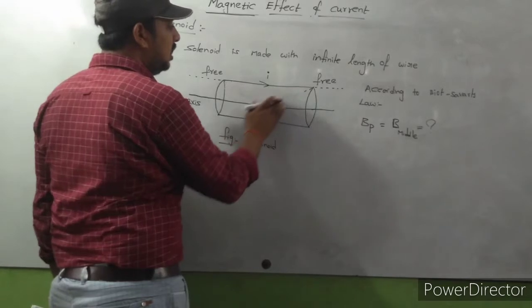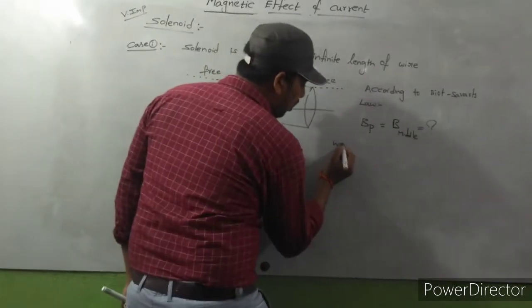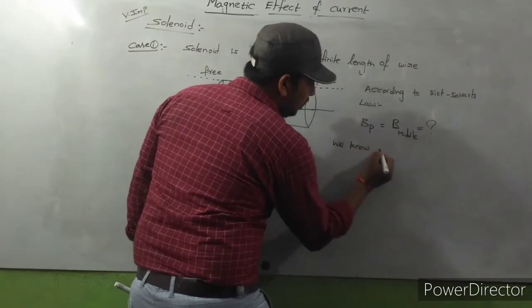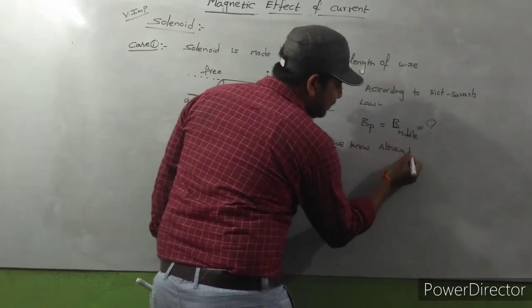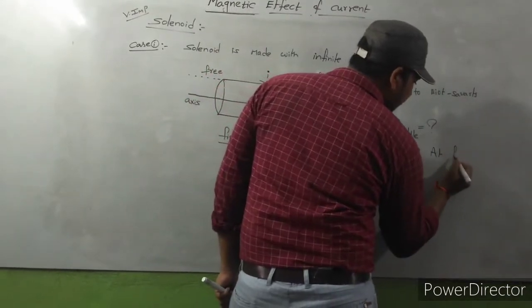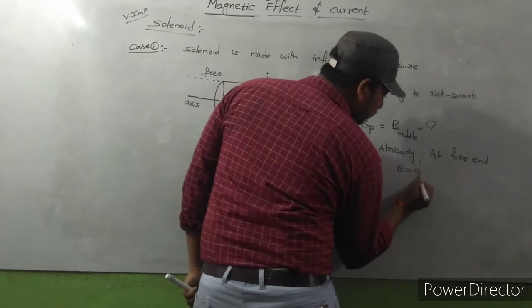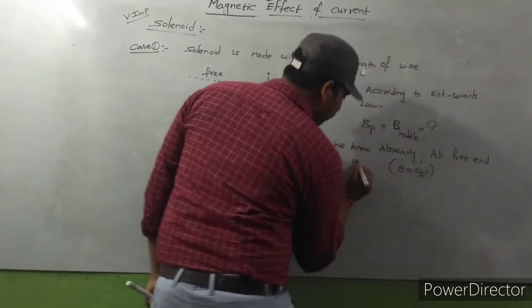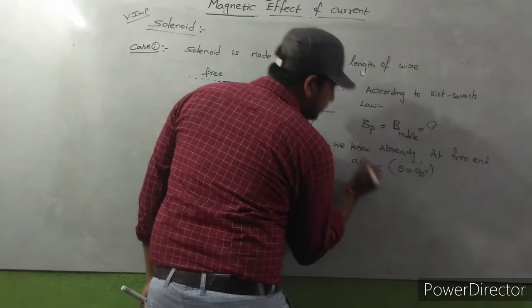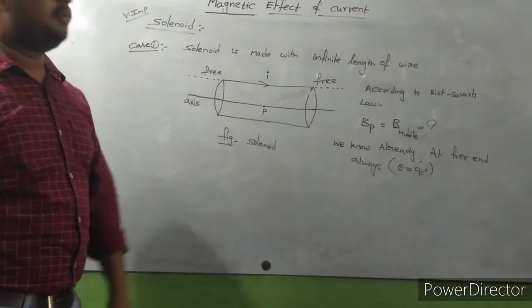So these two ends are free ends. Please recapitulate the concepts. We know already at a free end, theta is equal to 90 degrees. Always theta is equal to 90 degrees at free ends.